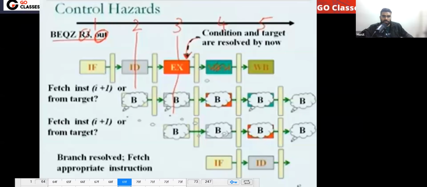Now let's move on. In this solution we are putting bubbles, because you stop fetching. Let's assume you have a branch instruction, branch if not equal R1, R2, go to some label, and you have your 5-stage pipeline.